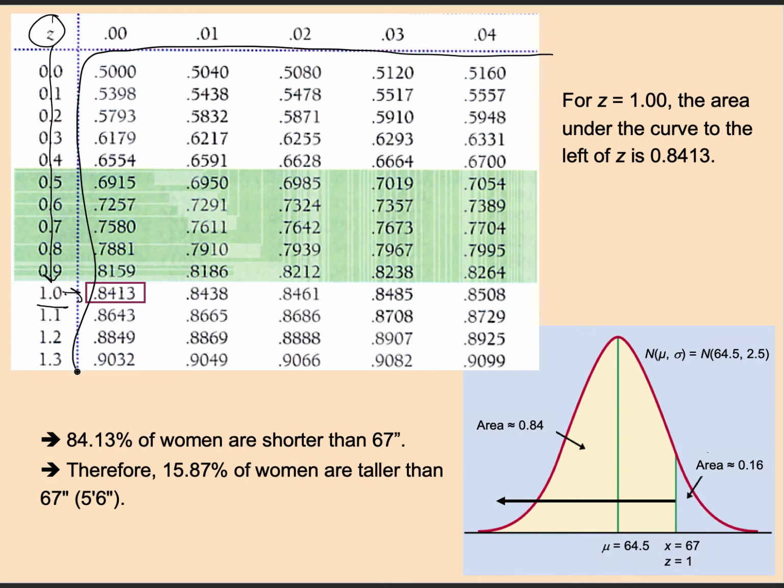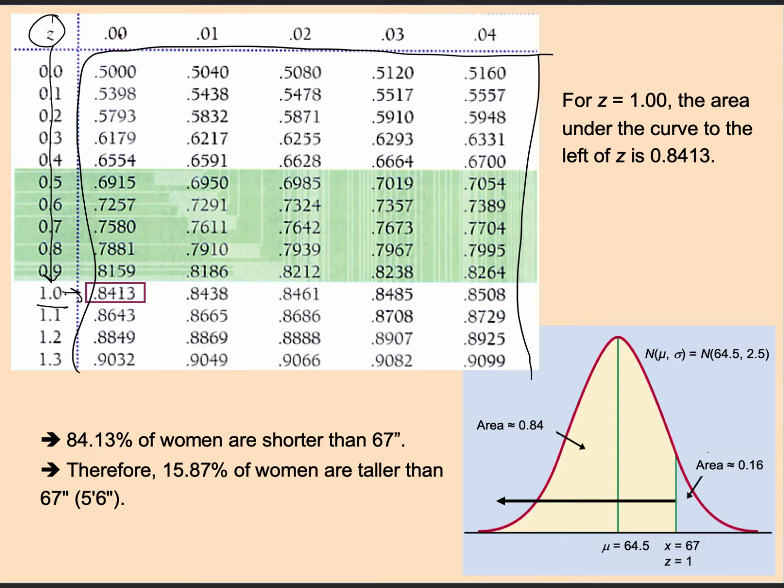The number in this particular square is nothing but the area, and you know that z is just 1. You don't have 1.01 or 1.02, 1.03 or 1.04, right? It's just 1.